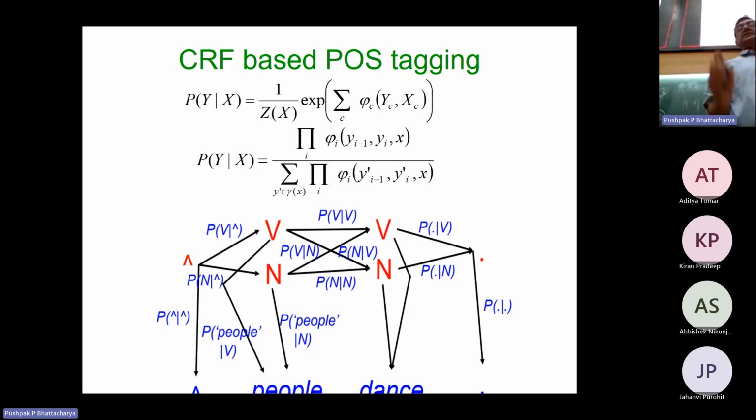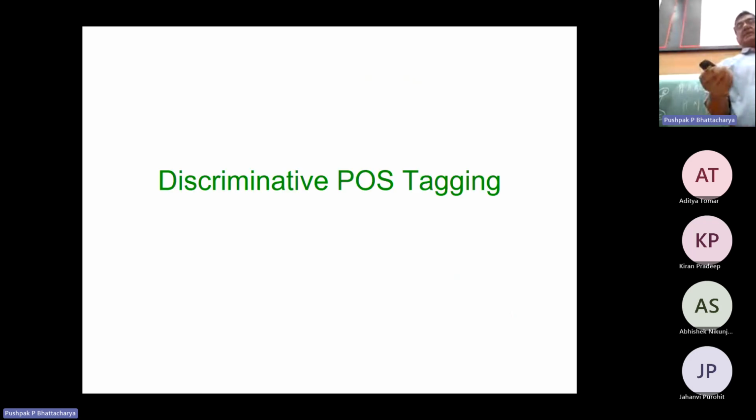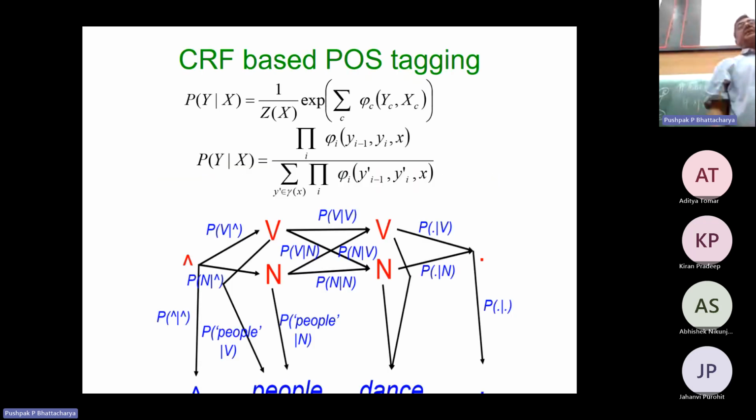So that feature function decides the probability values of transition going from one label to another. Finally, we have to find out the best possible path in this graph. Only thing is that the transition probabilities are determined by the equations there. So this is the governing equation by which we get this label to label transition probabilities.